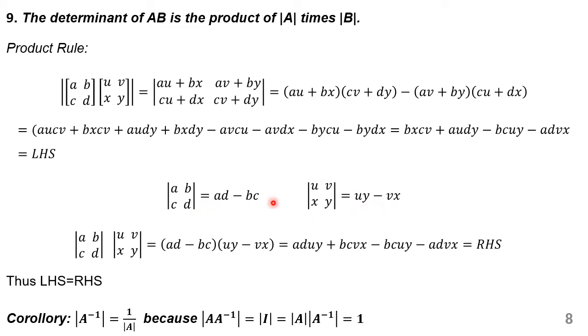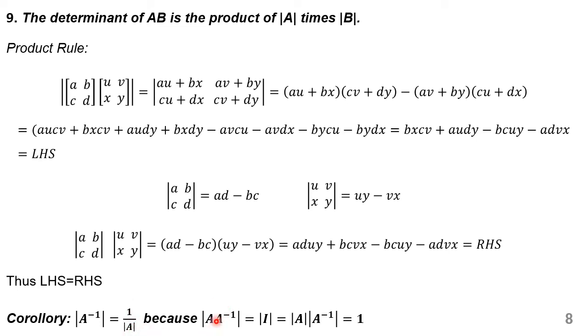I am going to multiply these two determinants. When I multiply, I get ADUY plus BCVX minus BCUY minus ADVX. This is on the right hand side, and you can see that your left hand side values are equal to the right hand side.